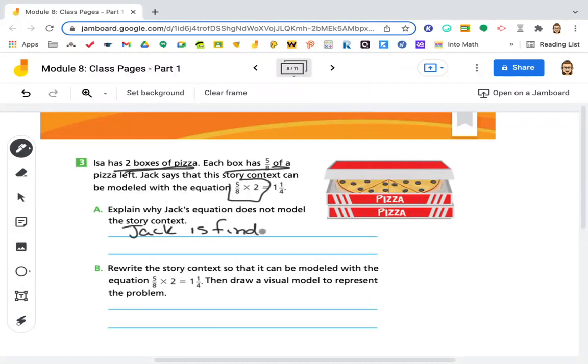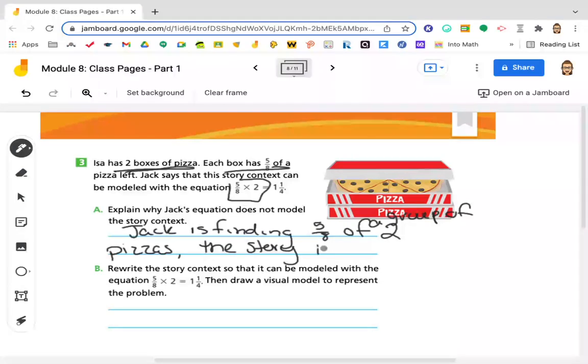Jack is finding 5/8 of 2 pizzas, or 5/8 of a group of 2 pizzas. The story is finding 2 groups of 5/8.